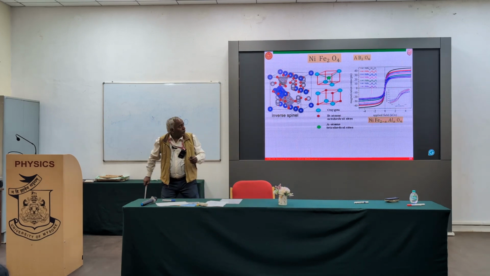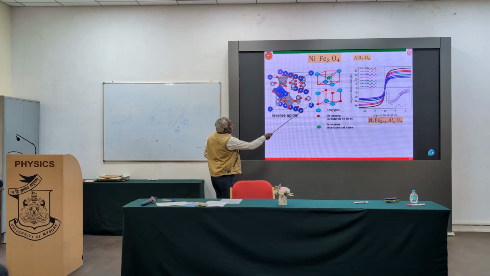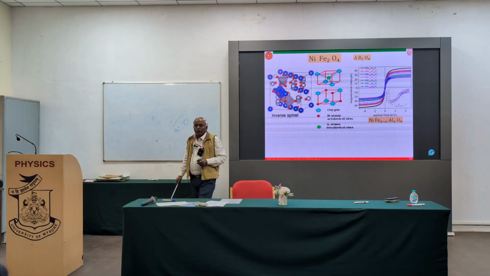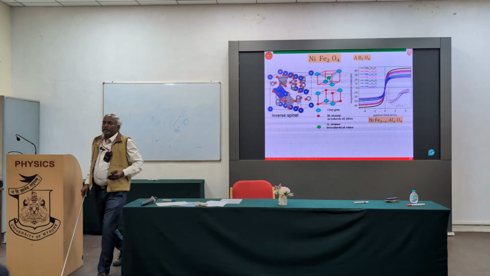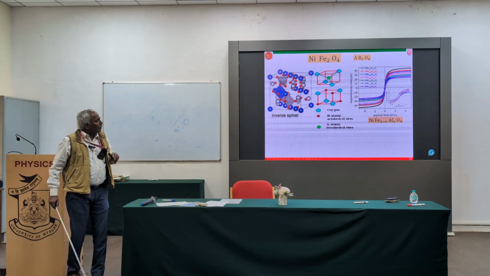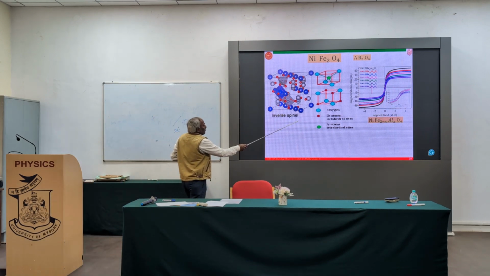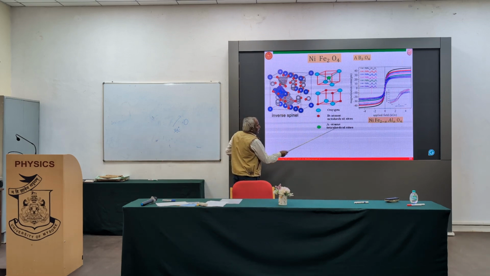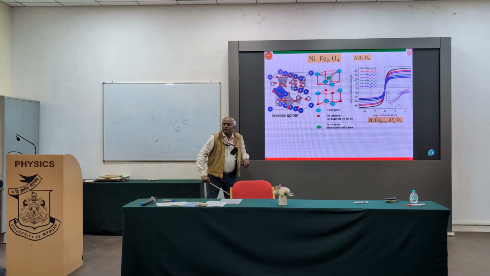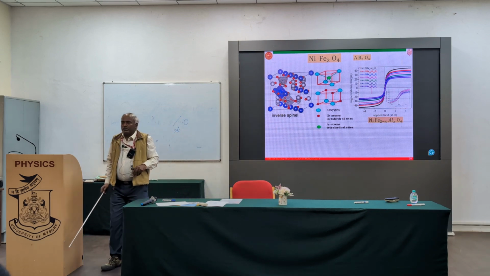Iron can go to 2 different locations the way it is shown here, either the tetrahedral site or the octahedral site. And then I am getting 2 signals. Whenever the iron occupies the octahedral site, my resonance frequency will be different. Whenever it gets into the tetrahedral site, it shows an NMR signal at another frequency.